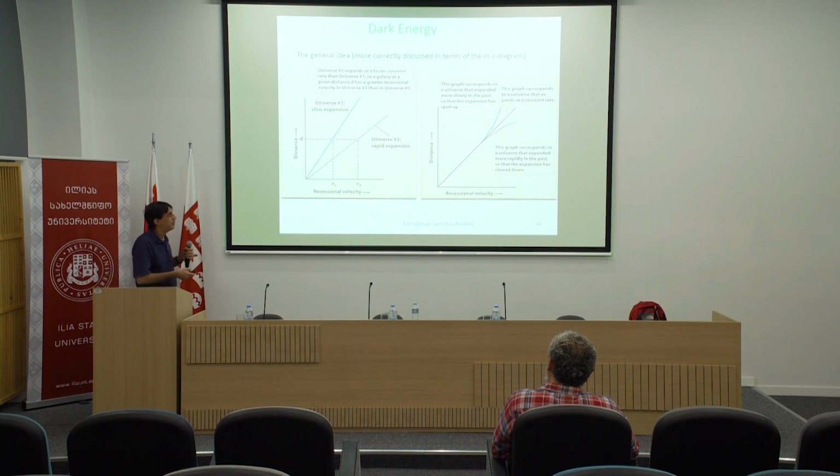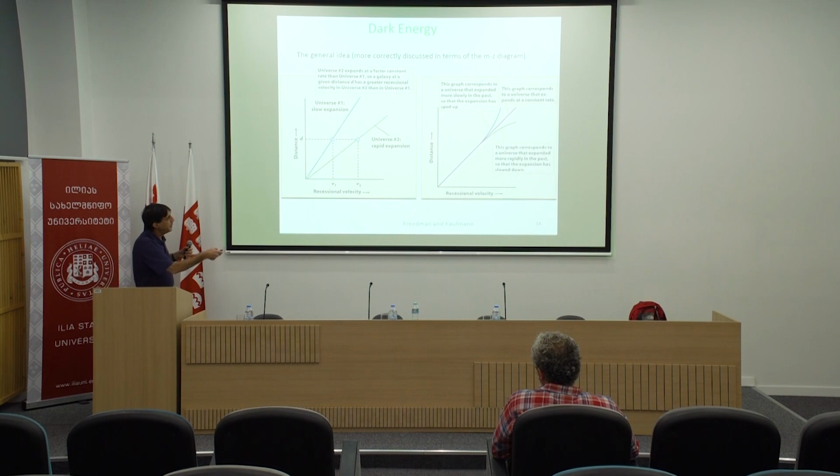And see whether you have accelerated expansion or decelerated expansion. So as you go back and look at galaxies further and further away from you, there are three options. You could have this purple line, which has a constant slope and the same expansion rate at all times.